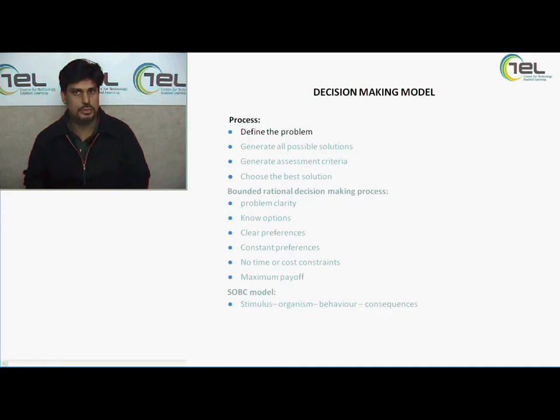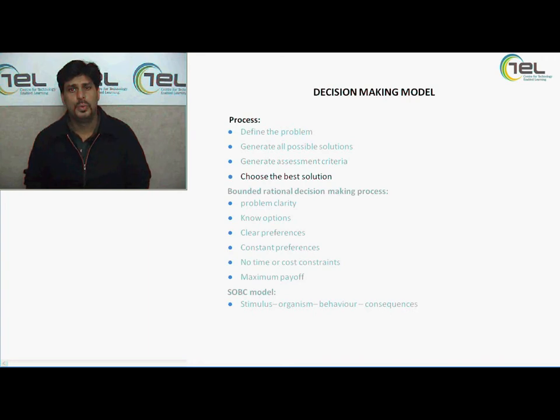What the problem is has to be identified by people. Step 2 is generate all possible solutions. Identify what are the ways of solving that problem. Third, generate assessment criteria. Identify how you can solve this problem. And the fourth and the last step is choose the best alternative.